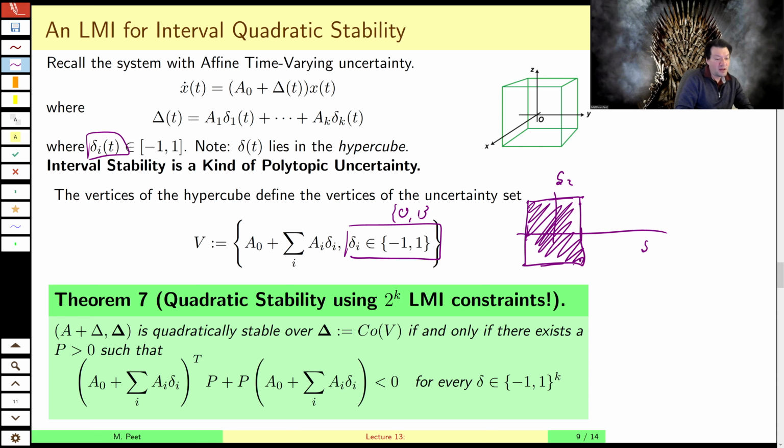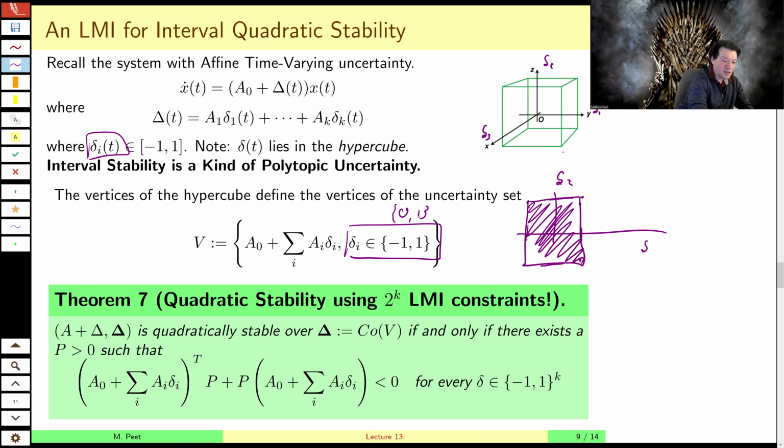If we keep going and we have Δ1, Δ2, and Δ3, then the set of possible uncertain parameters is the extension of the square to 3 dimensions, which is a cube.